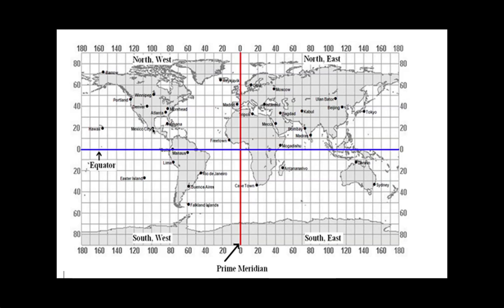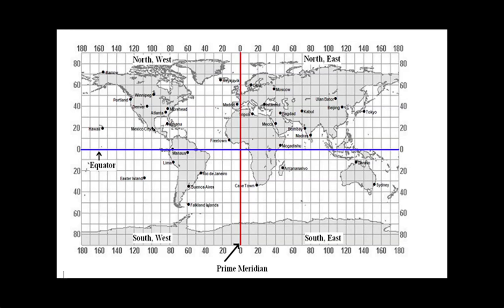So let's say the latitude of Mexico City is 19 degrees north. Let's do our longitude. We know it's going to be west. We go up. There's 100 degrees west. We're just short of 100 degrees. So we'll say our longitude for Mexico City is 99 degrees west.